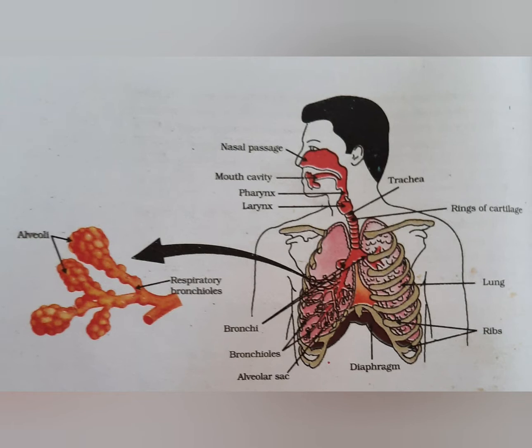In the bronchi, you find small branches known as bronchioles, and these bronchioles end with small balloon-like structures called alveoli. The alveoli provide a surface where the exchange of gases can take place.